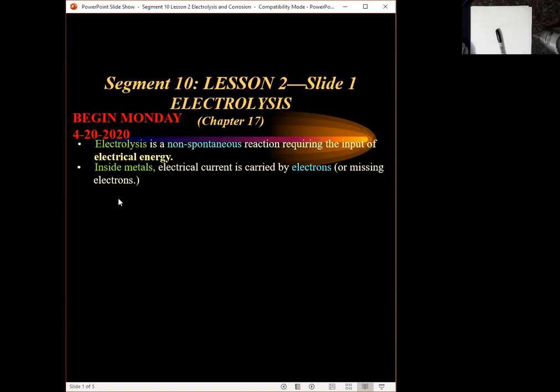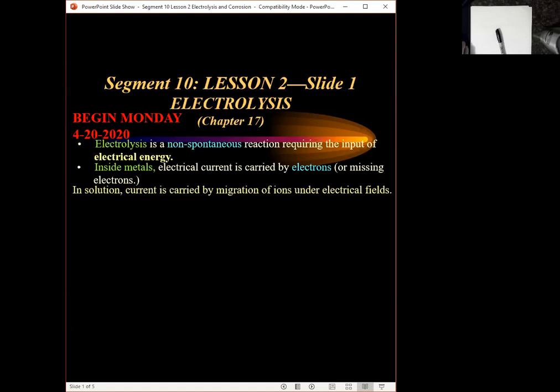And so they have excellent conductivity for electrons inside the metal itself. Or you can have some conductors that have missing spots for electrons. Those electron holes can also be conductors.